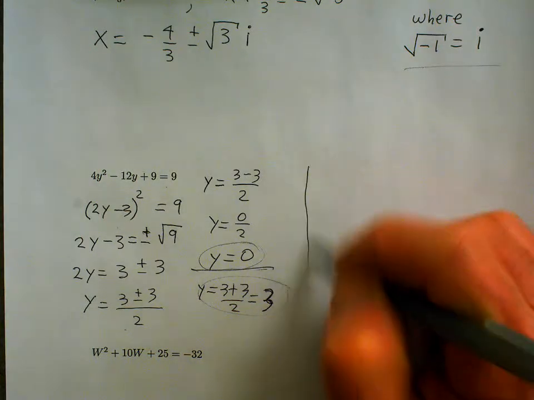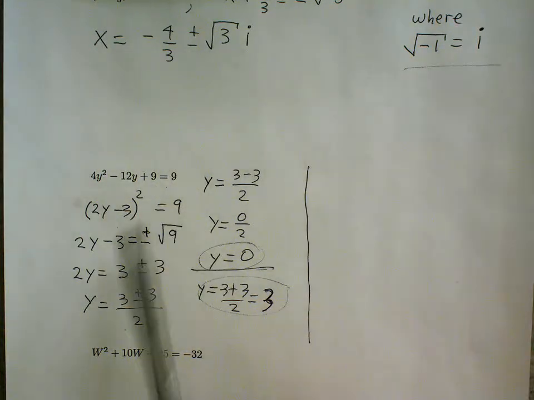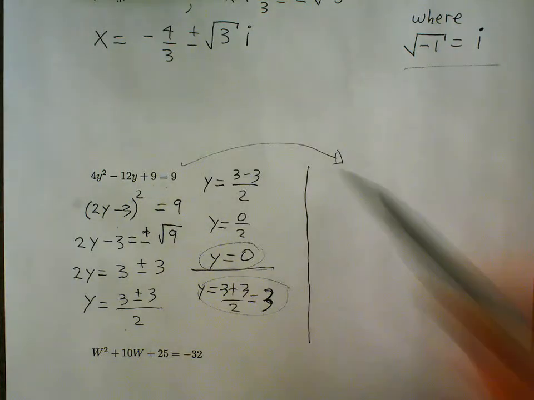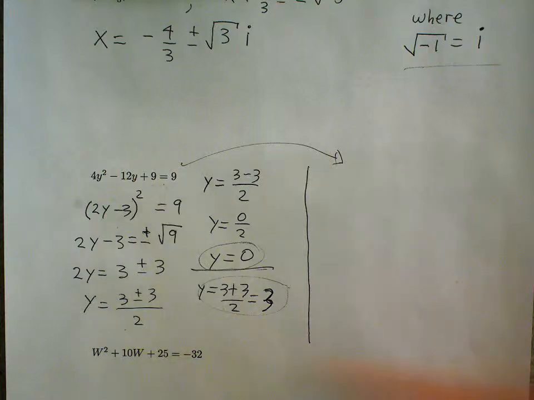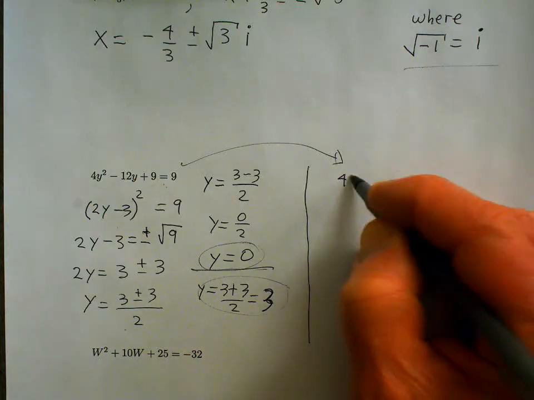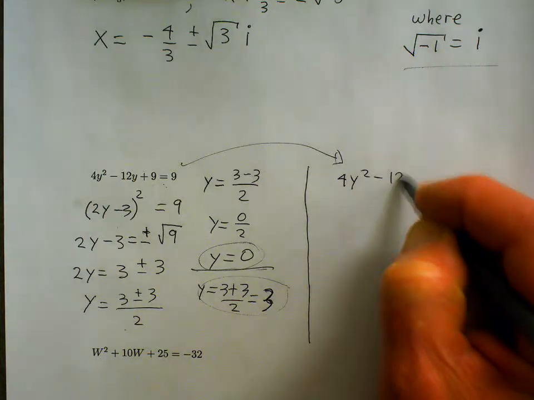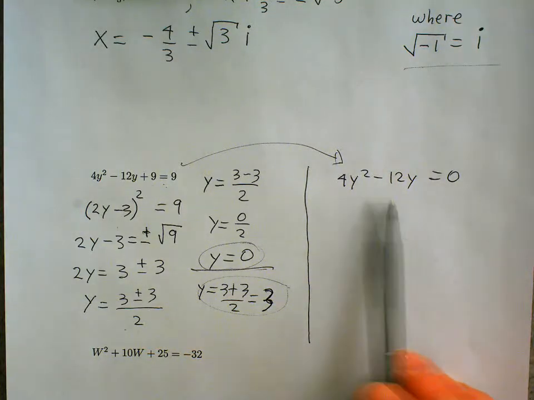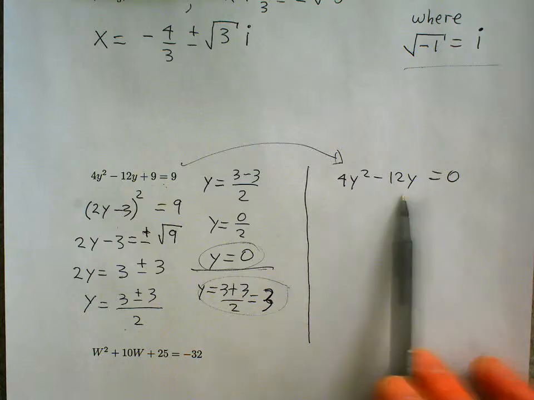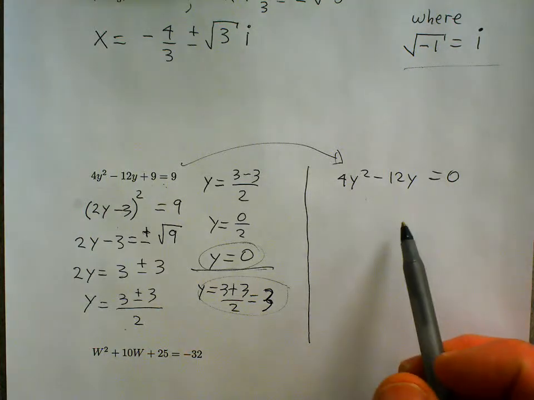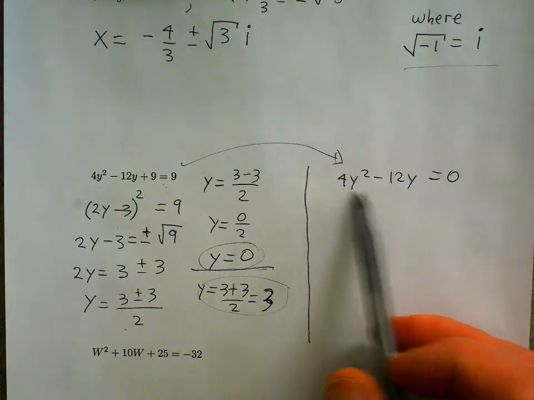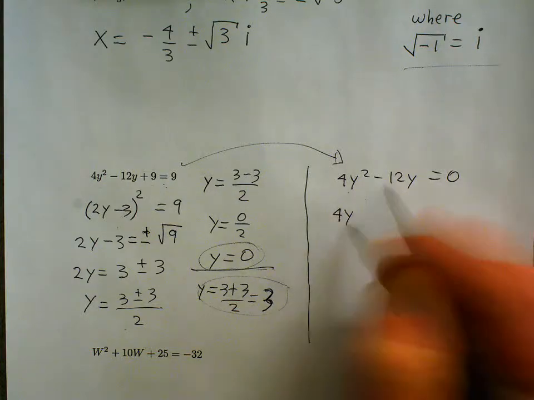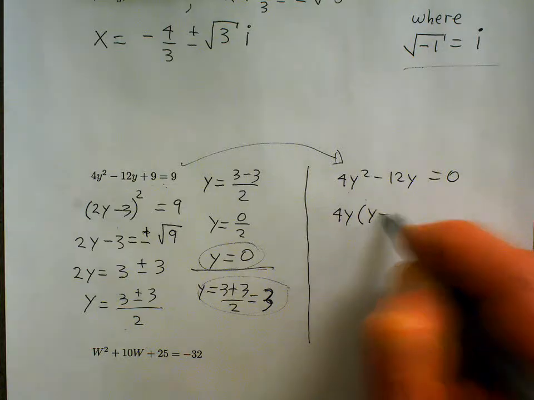The alternative way to solve this equation: subtract 9 from both sides, and then we get 4y squared minus 12y equals 0, and then solve by factoring. Solving by factoring is something we learned how to do earlier this semester. Factor the greatest common factor out, which is 4y, and the other factor is y minus 3.